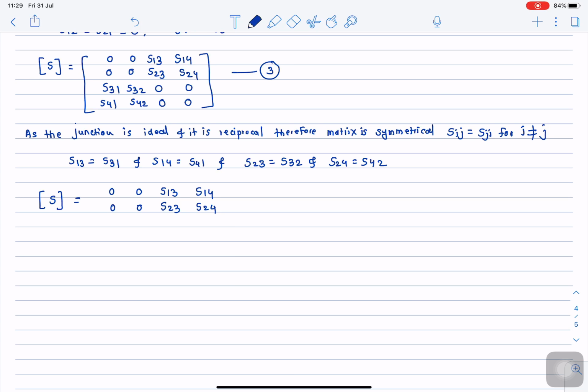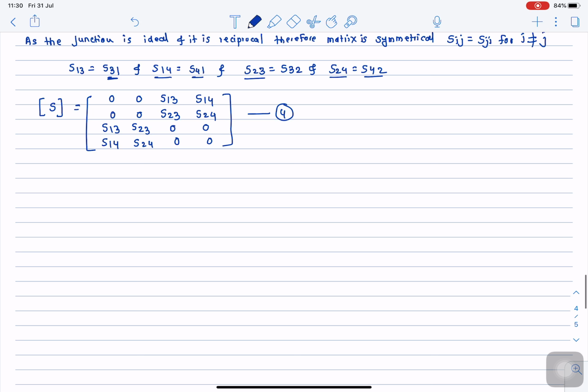Now S31 we replace with S13, S32 we replace with S23, and these two terms are 0. S41 I will replace with S14, S42 I will replace with S24, and these two terms are already 0. Let us call this the modified equation number 4.